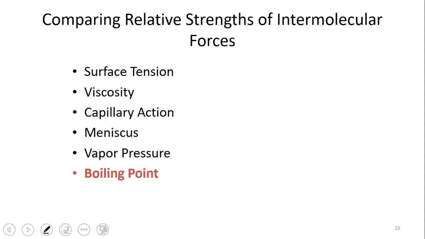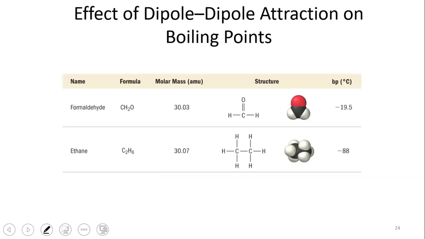It reaches kind of like a plateau because all the heat that's being put into the substance, rather than increasing its kinetic energy, is going towards specifically breaking up these intermolecular attraction forces. Now, what is interesting is that all these properties tell us a little bit about what the intermolecular force strengths are. Let's look at dipole-dipole attraction and its effect.